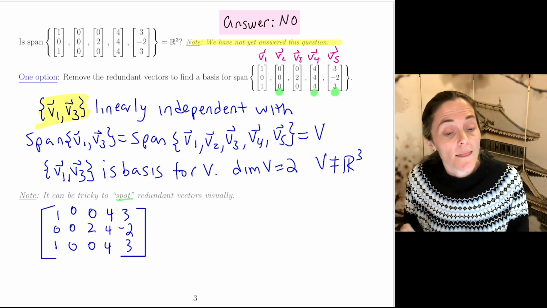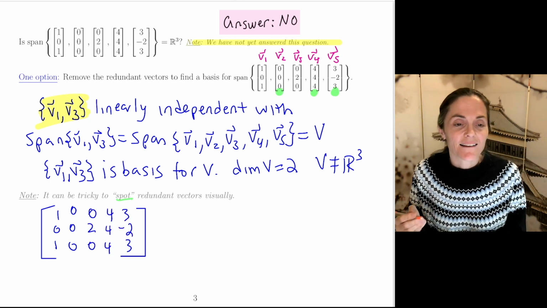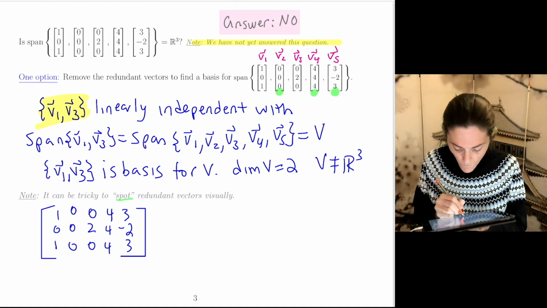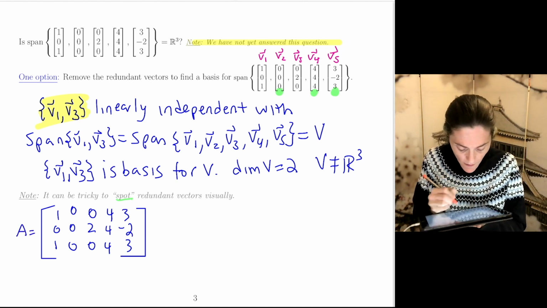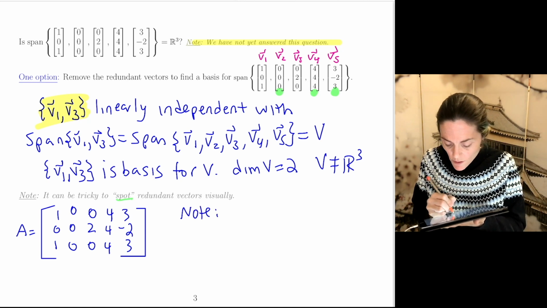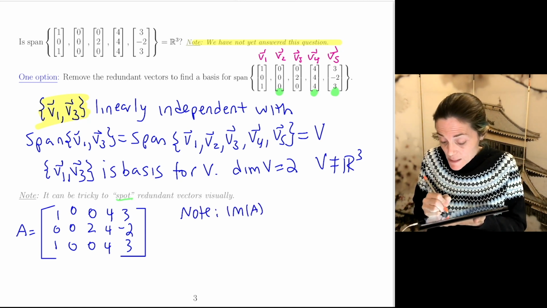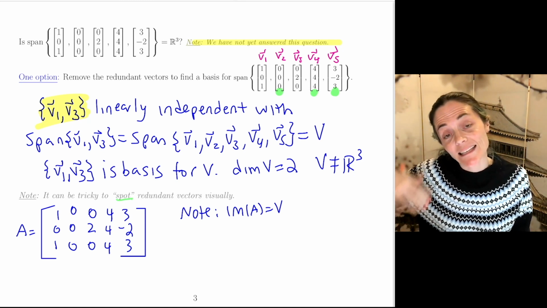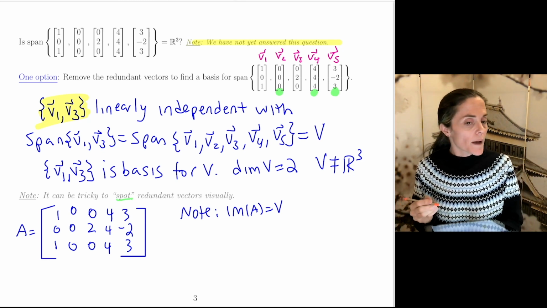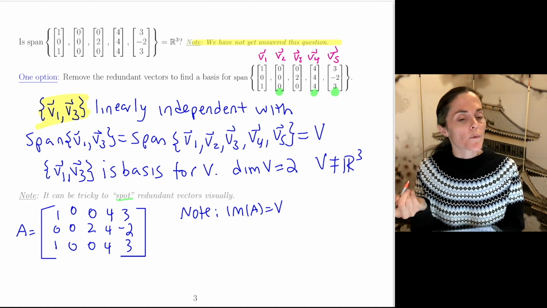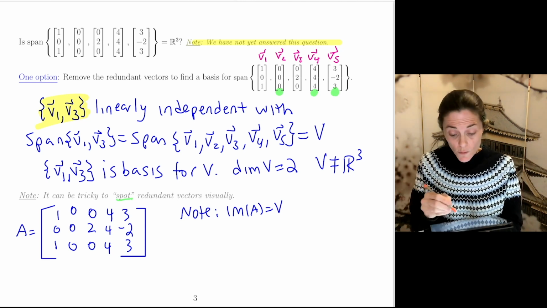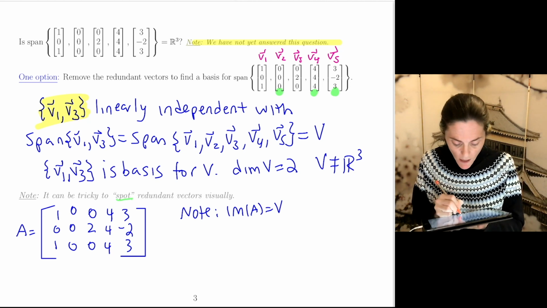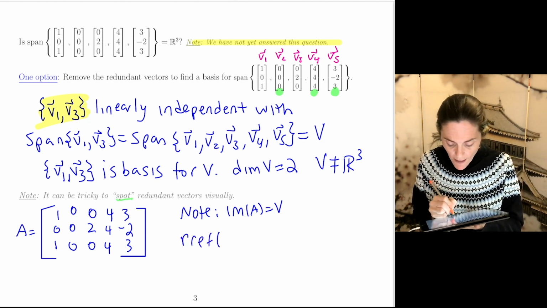You note that the image of this matrix A gives me V. If I call this A, let's note the image of A is my subspace V. Okay, that's sort of by definition. You take all linear combinations of the columns, but also you see just with one row operation, take minus row 1 added to row 3, we realize the reduced row echelon form of A.